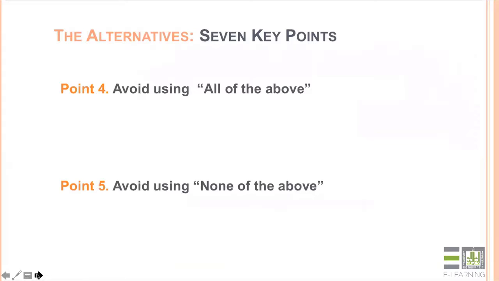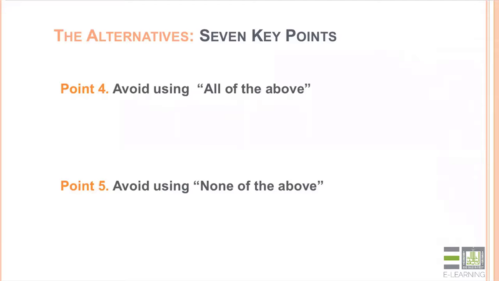The next 2 points I wanted to share on the same slide, and that answers one of the questions raised earlier. As your alternatives, I would suggest avoiding the use of all of the above or none of the above. It is quite tempting to do that, but it's important to avoid it.